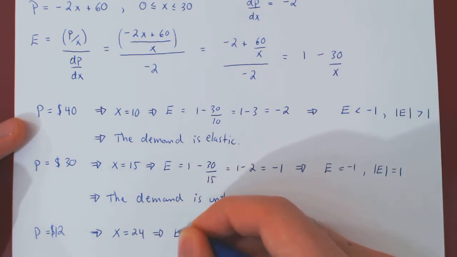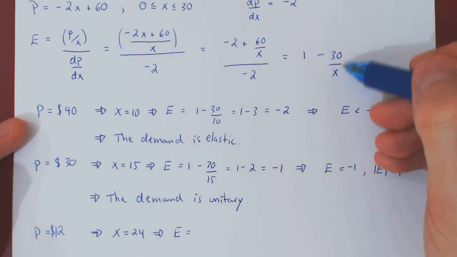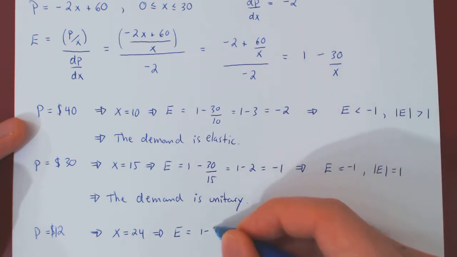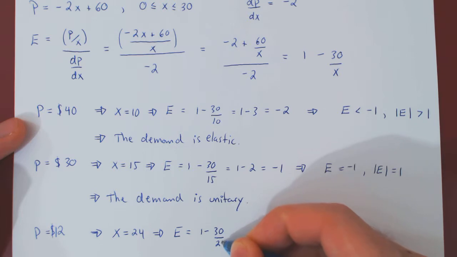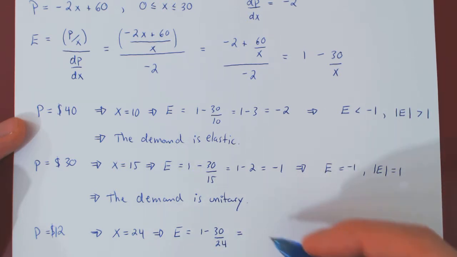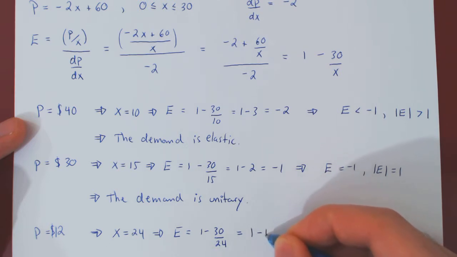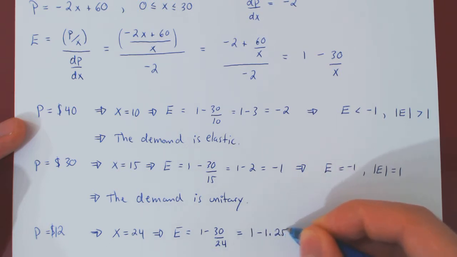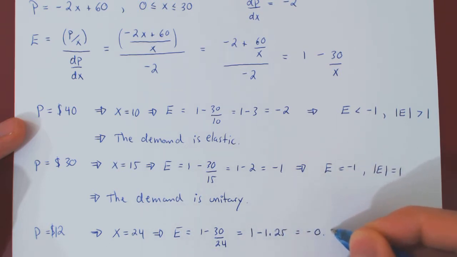So E will be 1 minus 30 over 24. And this is quite simply 1 minus 1.25, which is negative 0.25.